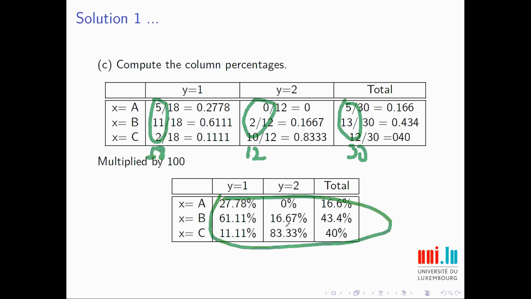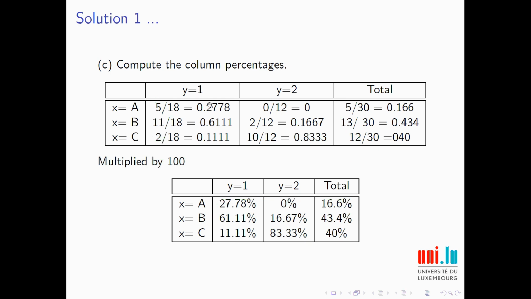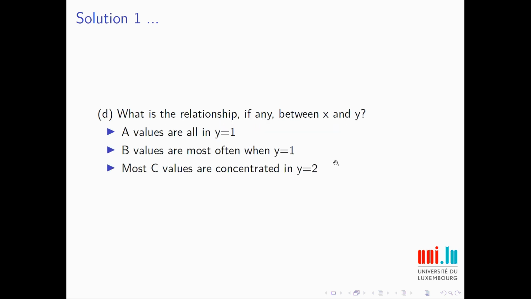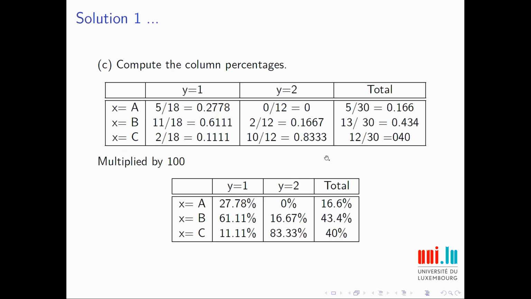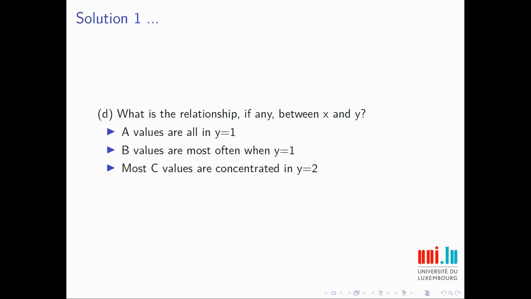We can see how frequently, for example, the variable y is equal to 1. What's the frequency across each category? So this is point C, and for point D, you need to answer the question: what is the relation, if any, between X and Y?